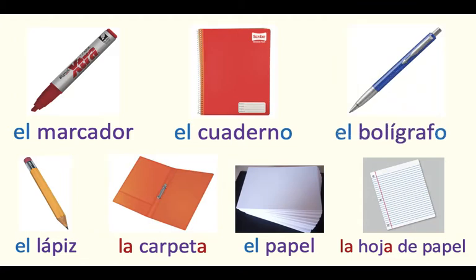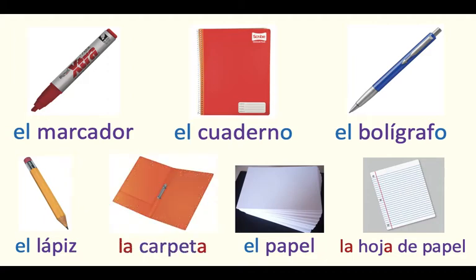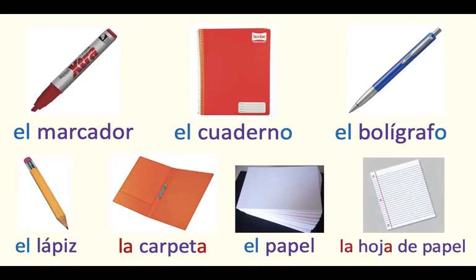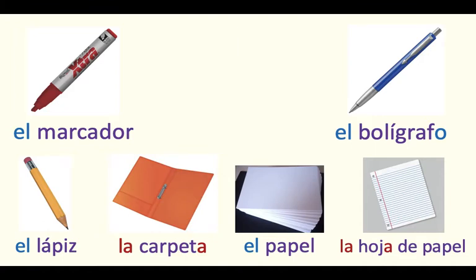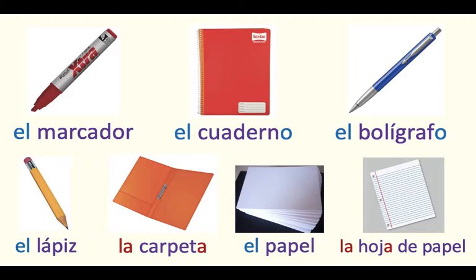Repita el bolígrafo. ¿Qué no está? Repita la carpeta. ¿Qué no está? Repita la hoja de papel. ¿Y qué no está? Repita el cuaderno. They're getting ready to scroll by.